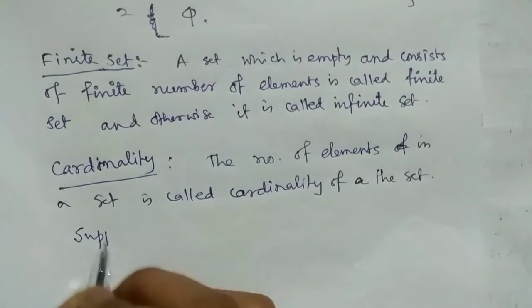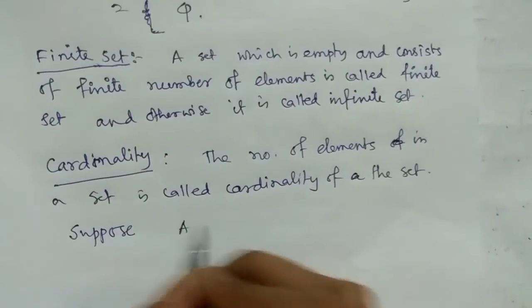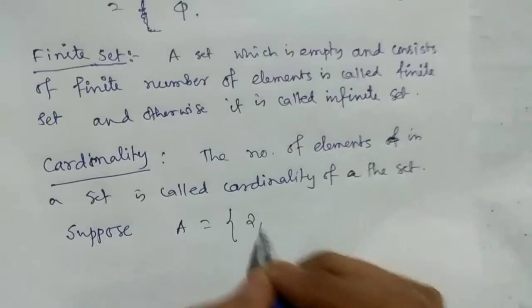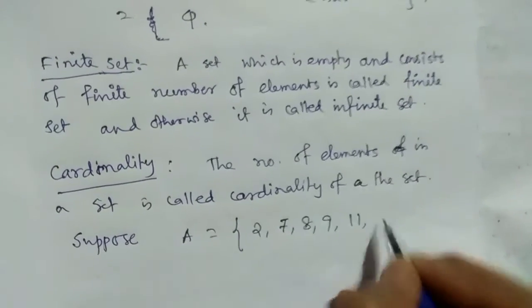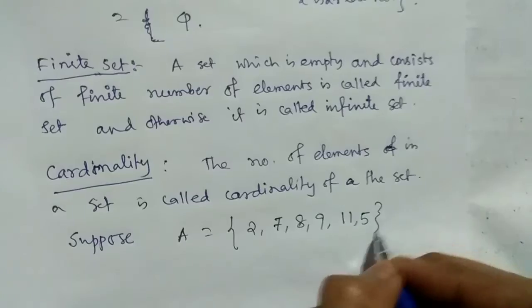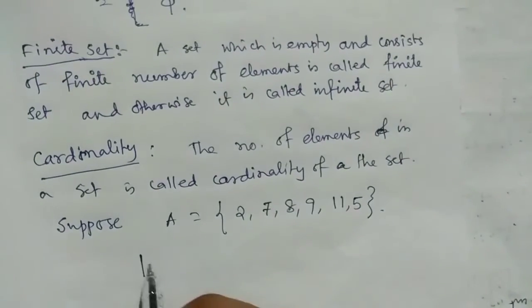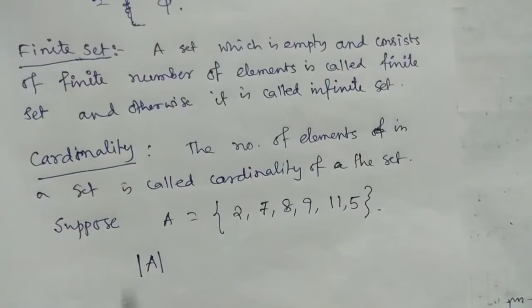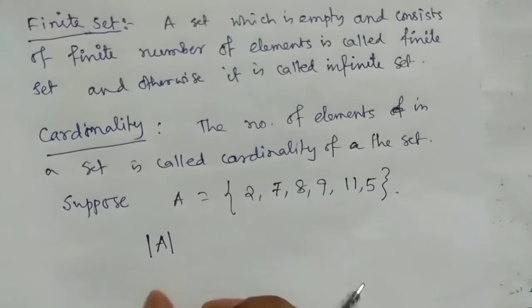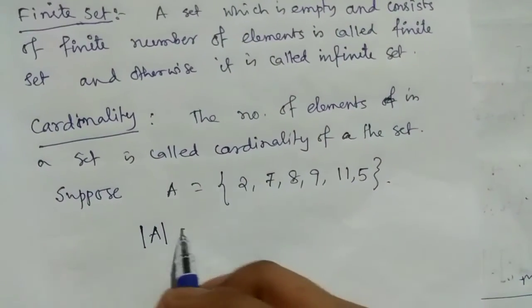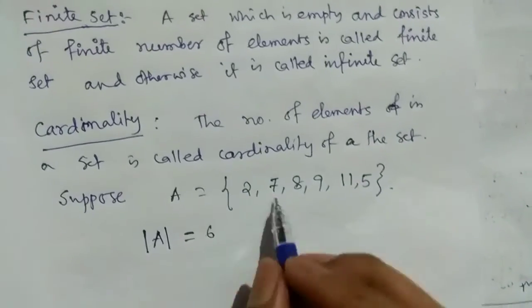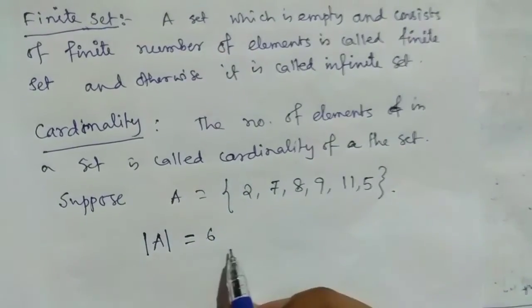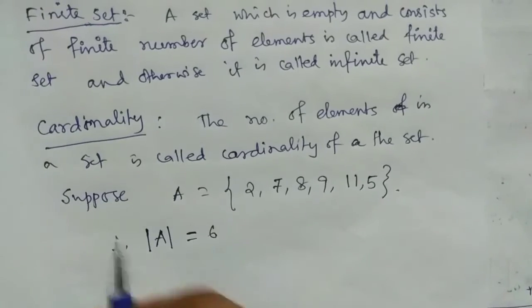Suppose A equals 2, 7, 8, 9, 11, 5. Cardinality is denoted by a symbol like modulus. Cardinality of A: counting 1, 2, 3, up to 6, the number of elements of A is 6. So cardinality of A equals 6.